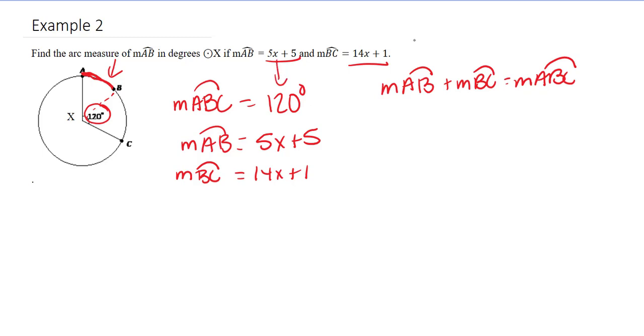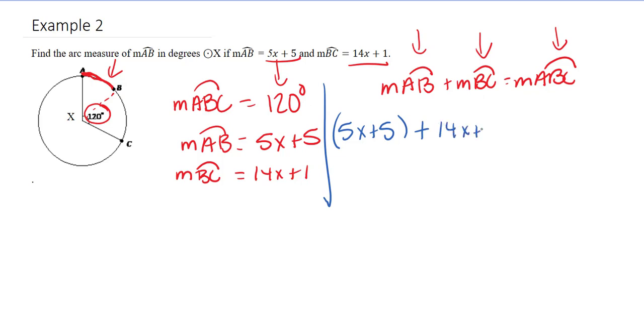So we have 5x plus 5, put that in parentheses, plus this arc measure BC, which is 14x plus 1, which is equal to 120 degrees.